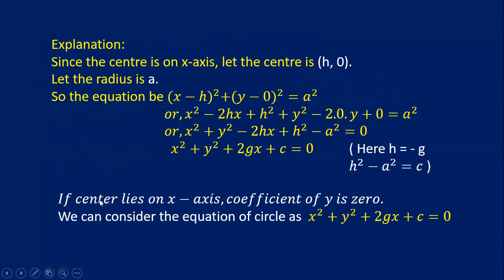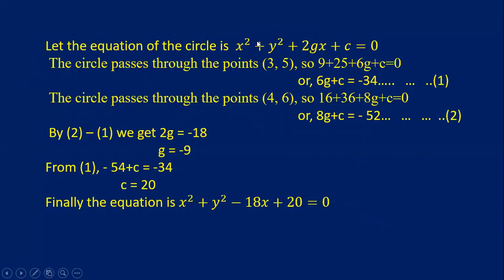If the center lies on the x-axis, the coefficient of y is 0. This is the main thing. Another part is, you have 2 points, put them on the circle, and get the values of g and c. So this is our equation, and in your options there is no correct answer, so you just correct this one.